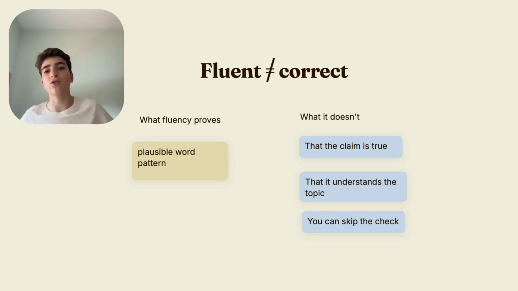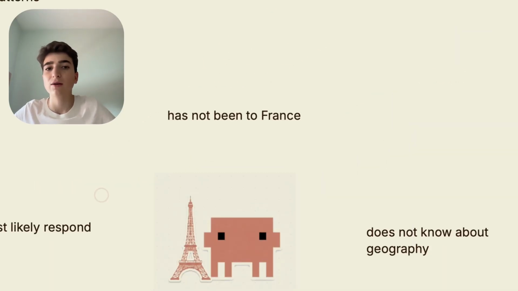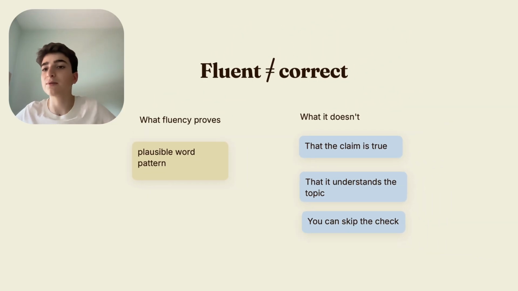But that is not what happens, because fluent doesn't equal correct. Fluency doesn't mean that the claim is true. It just sounds plausible, not that it's true. It doesn't mean that it understands the topic, because as we saw, it may not understand what geography is, but it gives us this response as if it knew it.